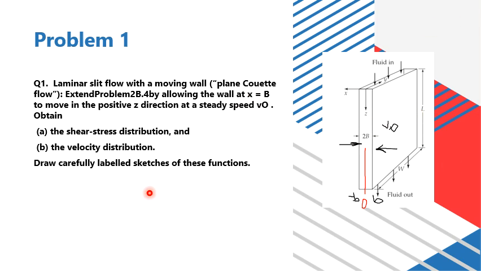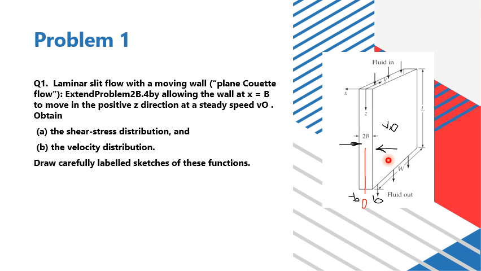Before mathematics, let's understand the physics. If both plates were stationary, then only Poiseuille flow would occur because of the pressure difference. But here, one plate is stationary and the other is moving with v naught velocity.